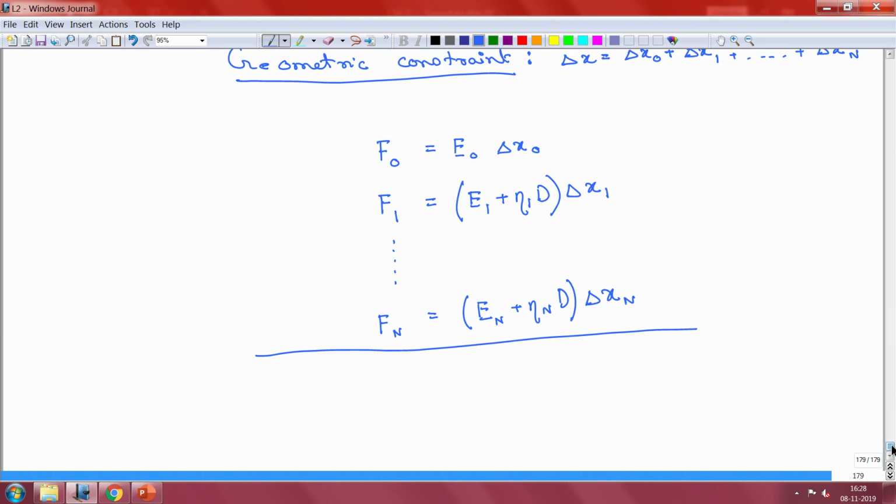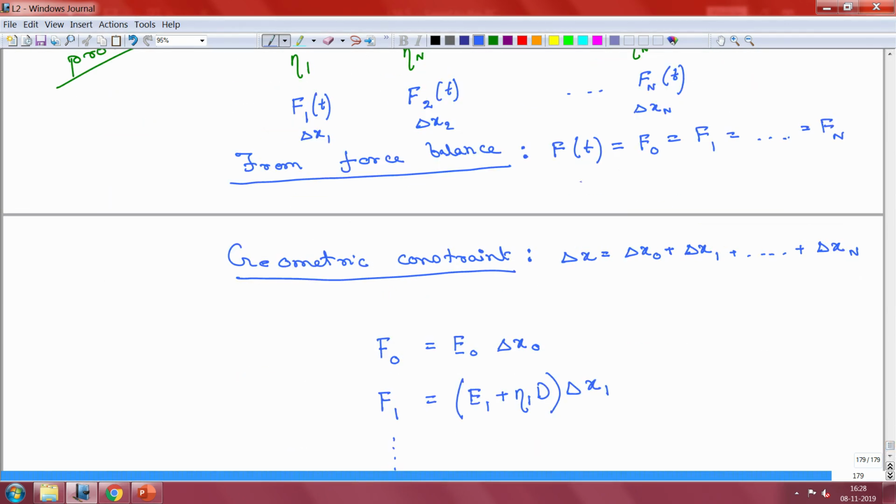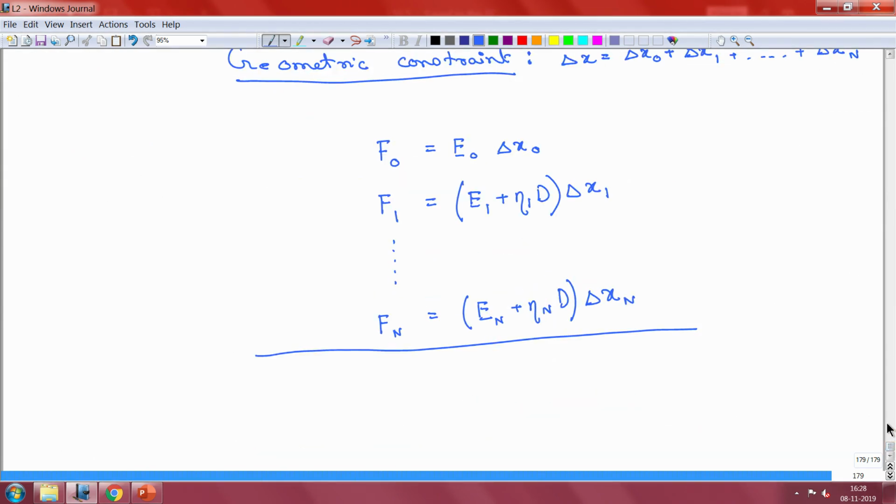Now, let us quickly go back and see what we had first established. We said that the force balance equation says that all the different forces are the same. So, I can go ahead and drop all these different subscripts, so that we are all left with F on the left hand side. Now, we want to be able to add all these deformations together, so we have to find the right factor for all of them.